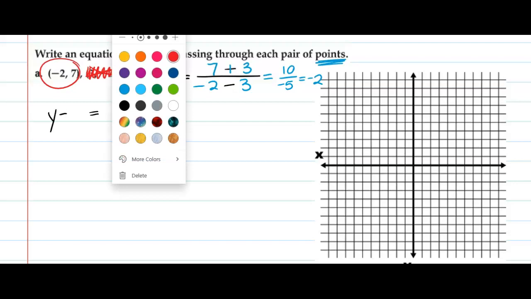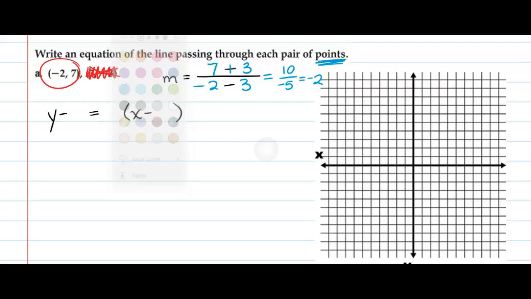I'm going to now use the point and the slope that I have, just like we did above. y minus y, m, x minus x. And I'm finished. Now, I'm going to distribute and get it into slope-intercept form. y minus 7 is negative 2x minus 4.